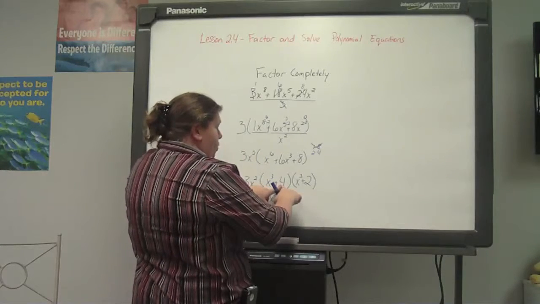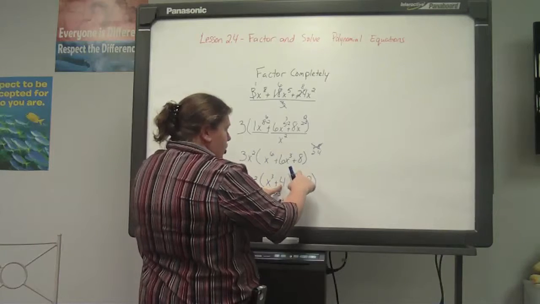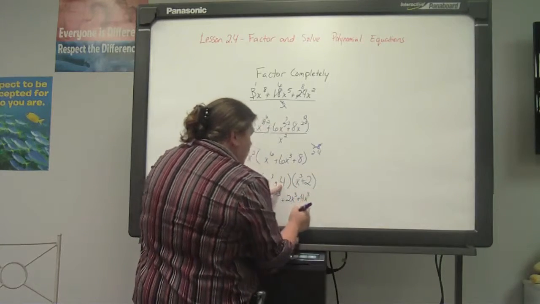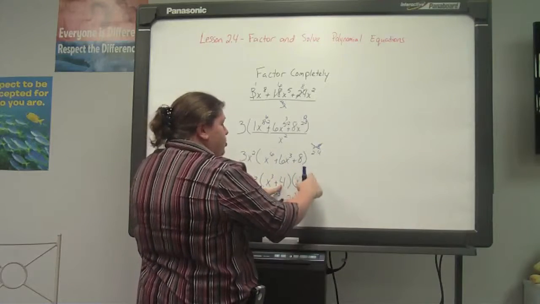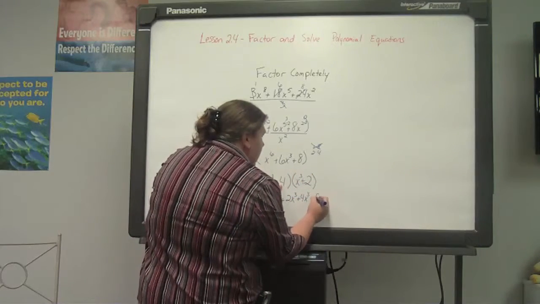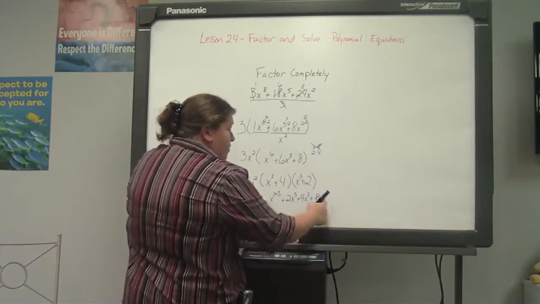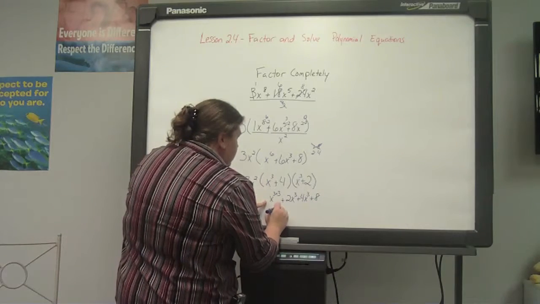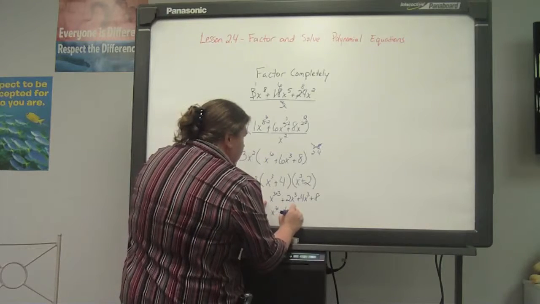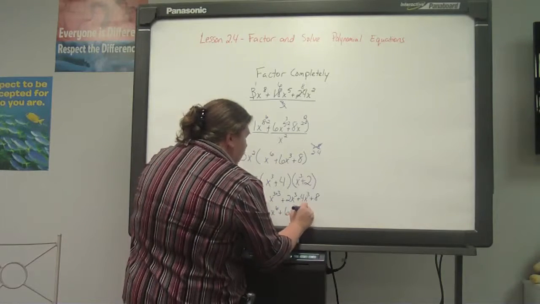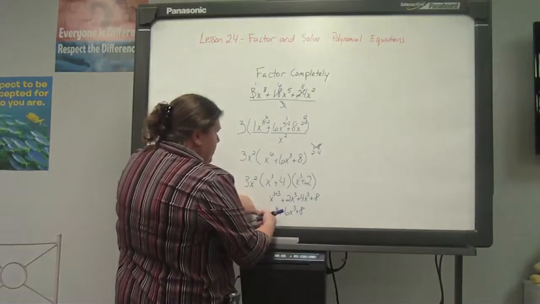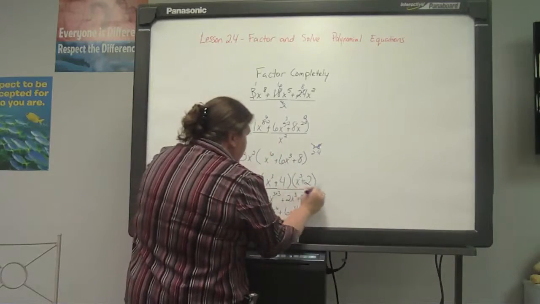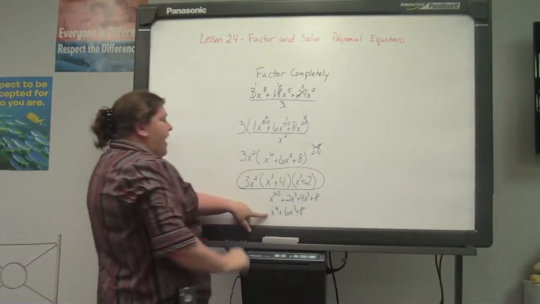And then 4 times x cubed gives me 4x cubed. And then 4 times 2 gives me 8. When I combine like terms, that becomes x to the 6th plus 6x cubed plus 8. So because this matches, this is our factor completely.